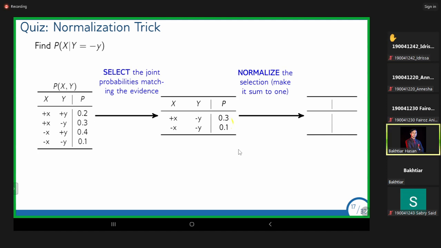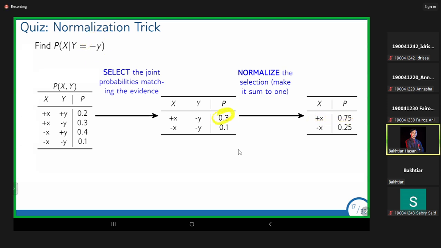So if we divide both of them by 0.4, we get 3 by 4 and 1 by 4, that is basically 0.75 and 0.25. So this is the conditional distribution, and you can see that they sum up to 1: given y is false, the probability that x is true is now 75%.